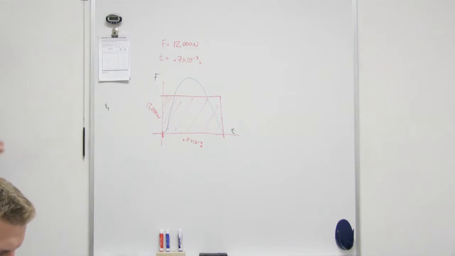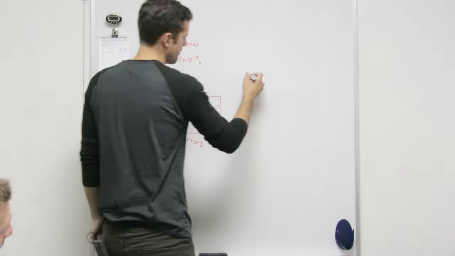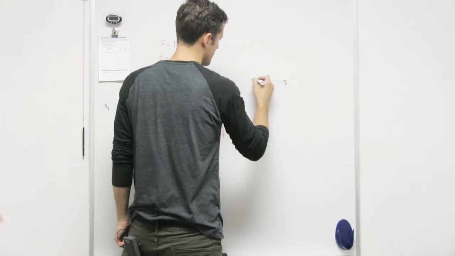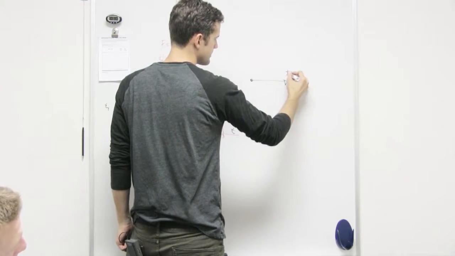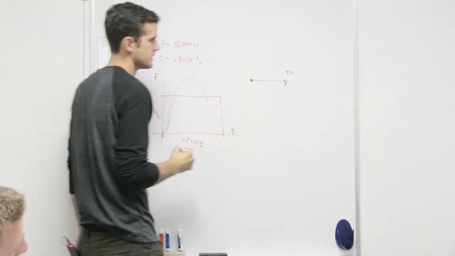Assume the pitcher throws a baseball so that it travels in a straight line parallel to the ground. The batter then hits the ball so it goes directly back to the pitcher along the same straight line. Define the direction the pitcher originally throws the ball as the positive X direction. So we've got a pitcher, he throws the ball in this direction, and this is positive X. The batter hits it back.